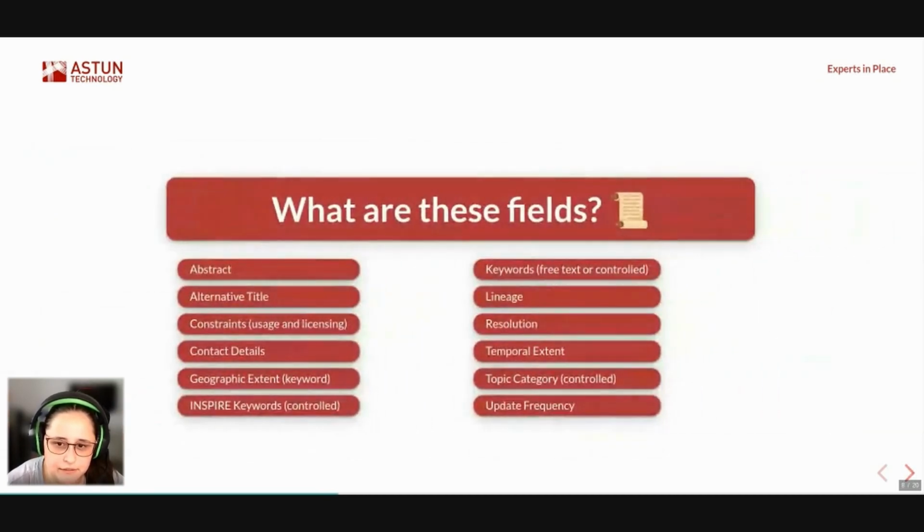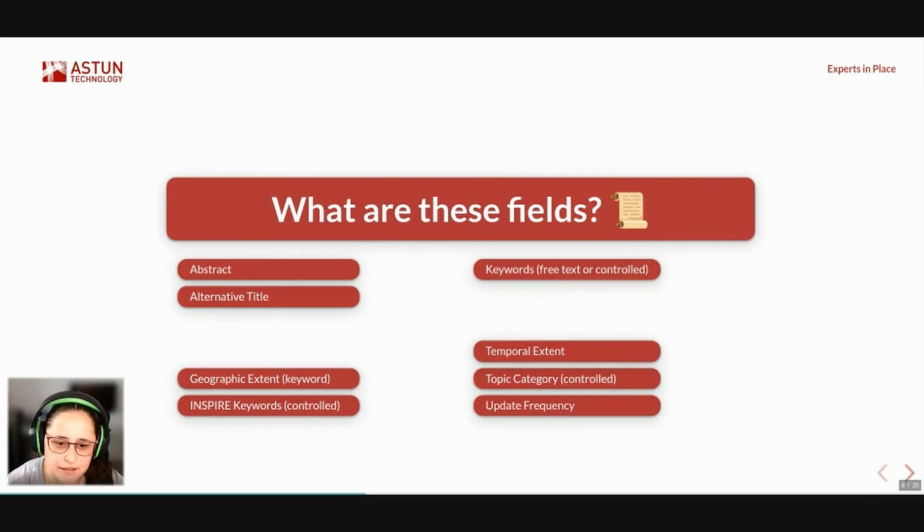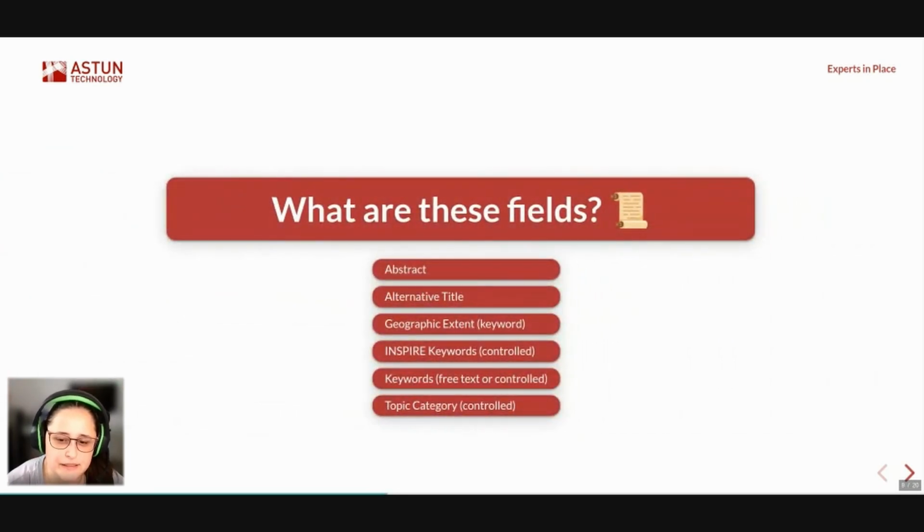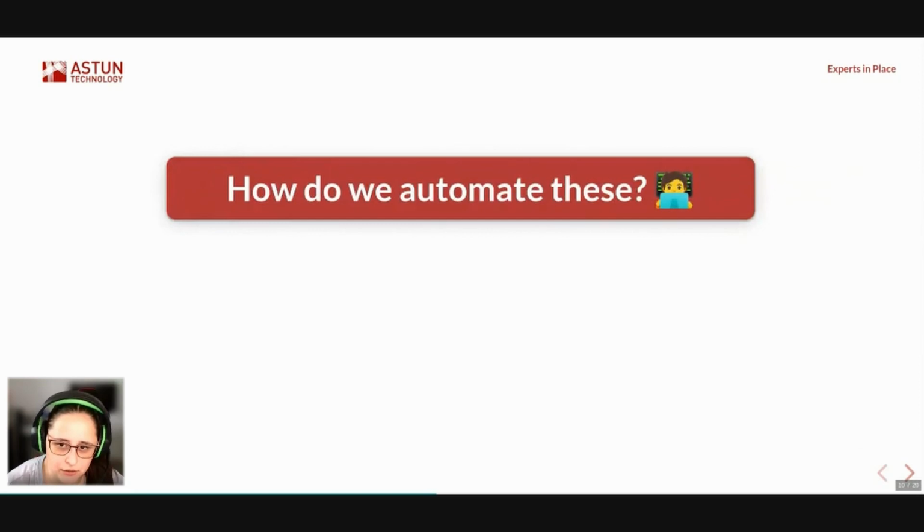From those that are left, there are a number of fields that we normally populate with placeholder text, so a number also get taken away. But as you can see, we are still left with a number of elements that can be quite time consuming for our clients to populate if they have large data holdings. We're talking thousands of data sets. For these, we found a way to automate them using spaCy.